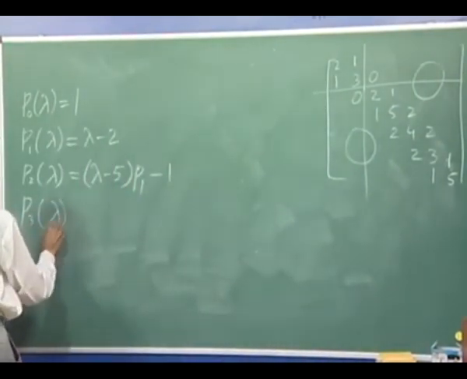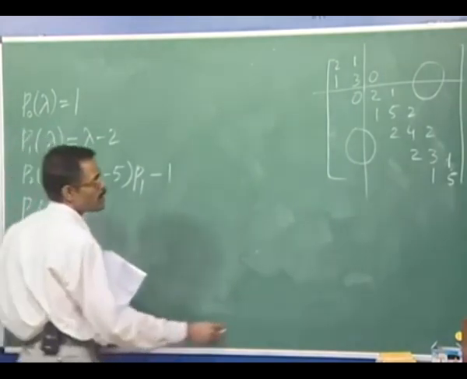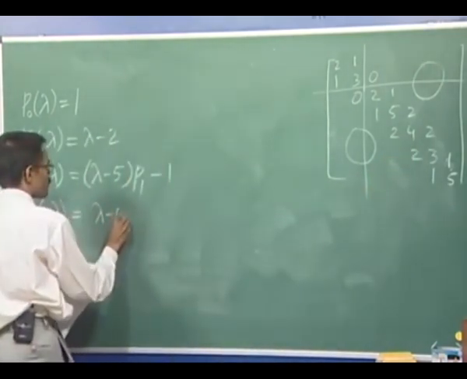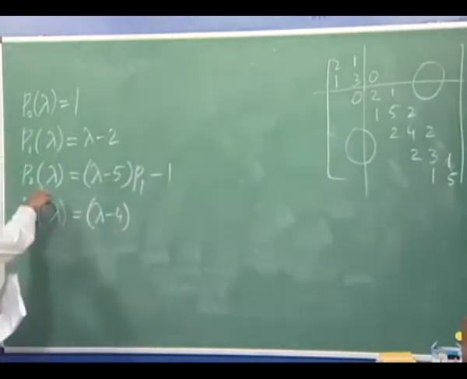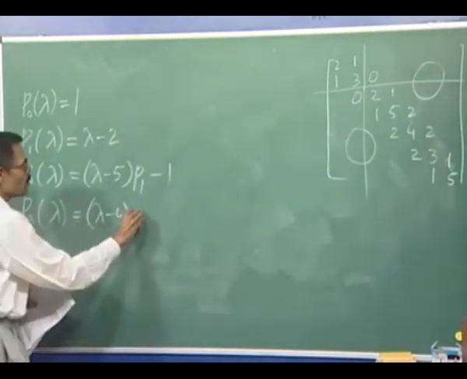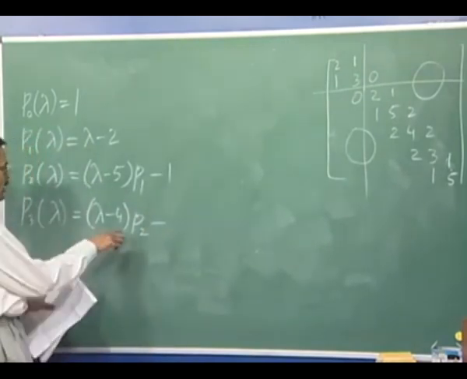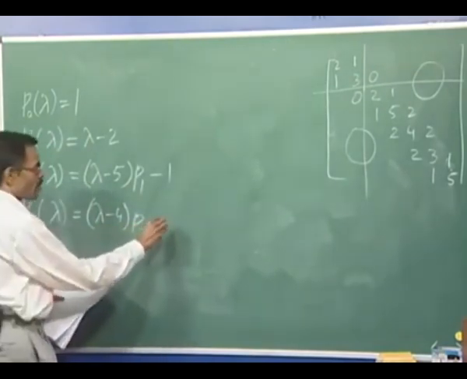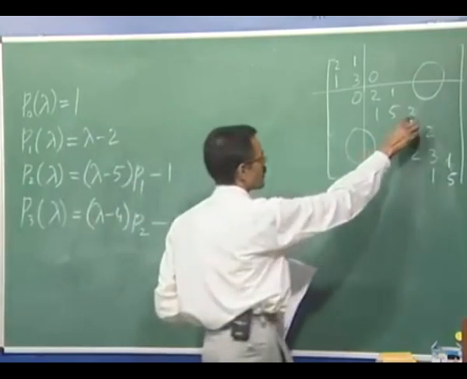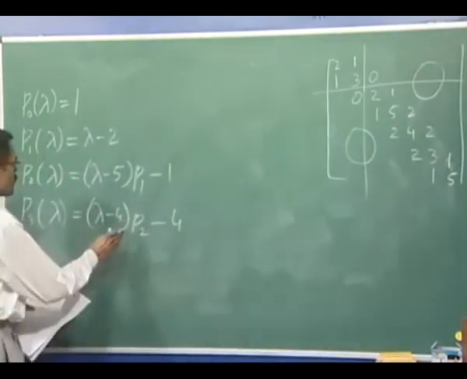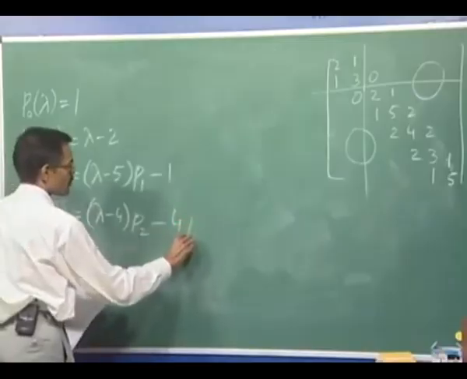Next, you will have P3, which will be lambda minus D3 into P2 minus E3 square, and what is E3 here? E3 here is 2. So, E3 square into P1, right.